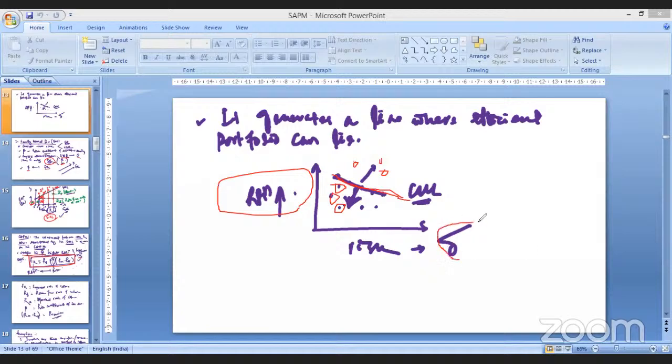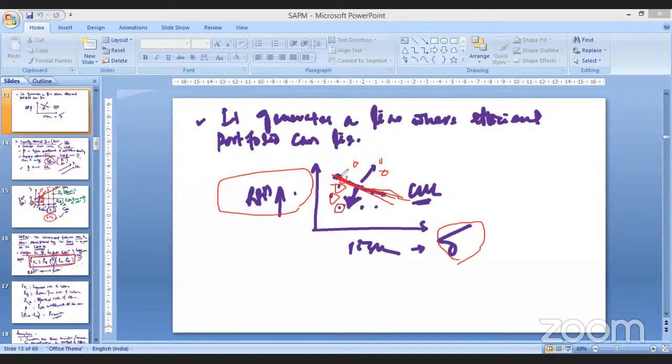Risk means standard deviation. Okay. And return, why? Because when the return goes down, that means here return goes down as well as your risk also goes down. So this is the capital market line where your efficient portfolio can lie.